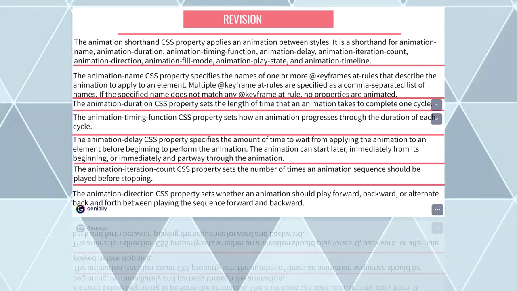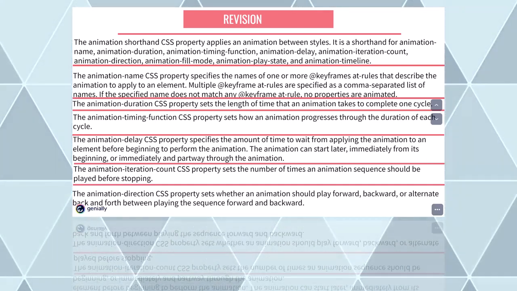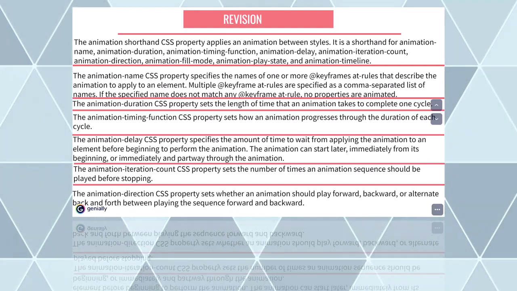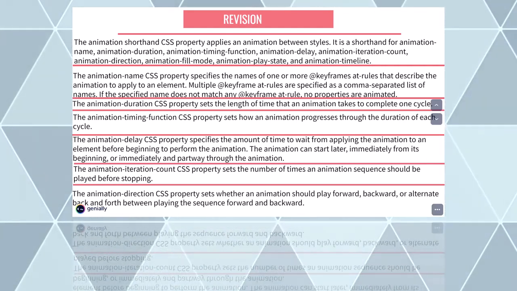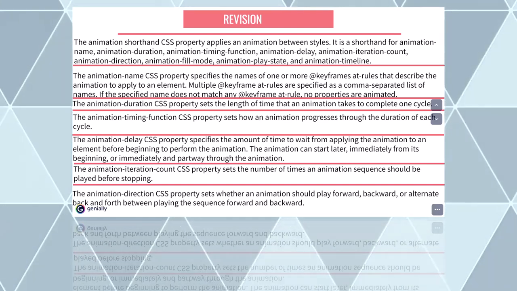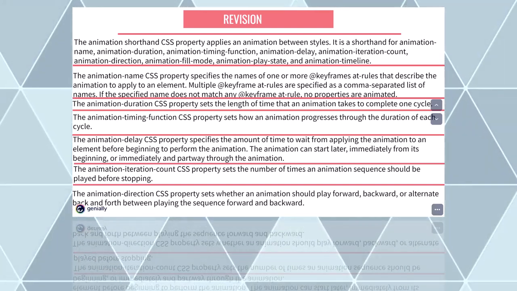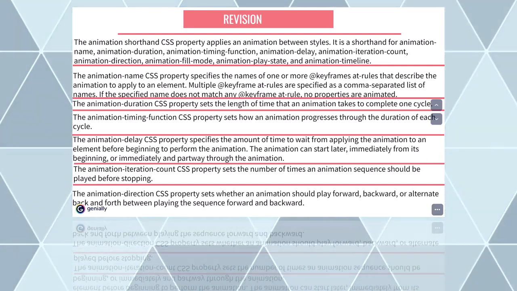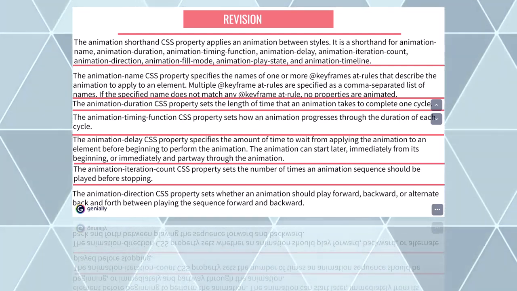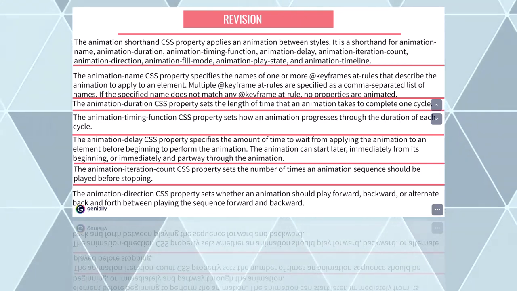If not, then no animation is going to be applied, which means you have to manually create your own animations using keyframes. Remember, on keyframes we have about 0 up to 100, right? That range from 0 to 100 you can change from different states, for example from 0 up to 25 if you want to do that.